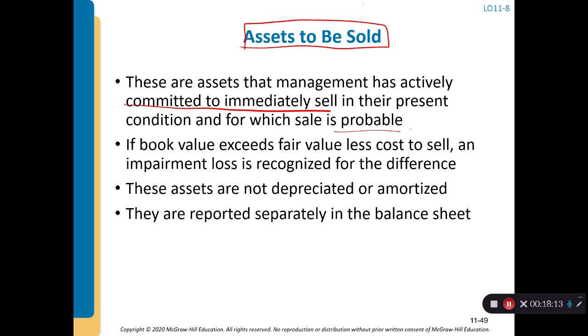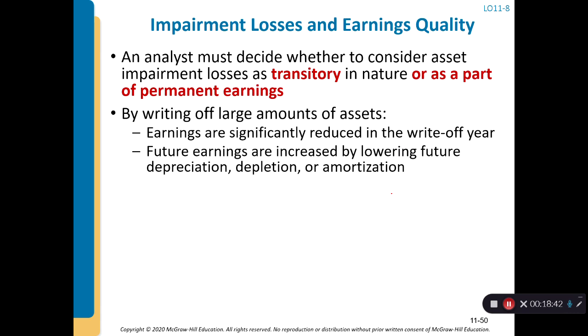If the book value exceeds the fair value less the cost to sell, we need to record the impairment loss. And remember, assets held to be sold are not depreciable or amortizable, and they are reported in a separate line of the balance sheet.